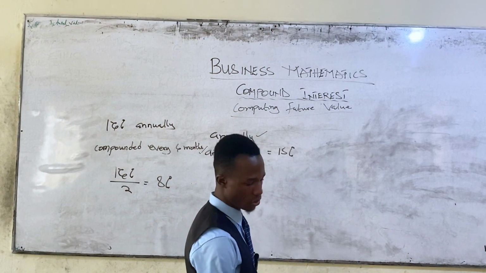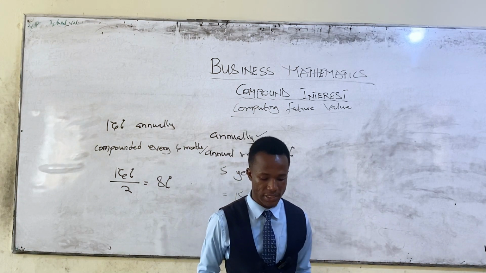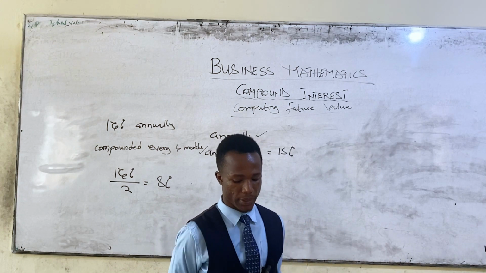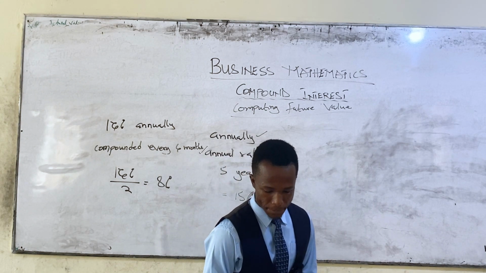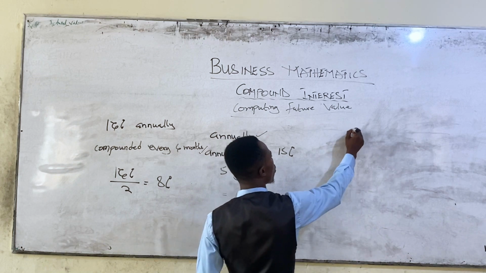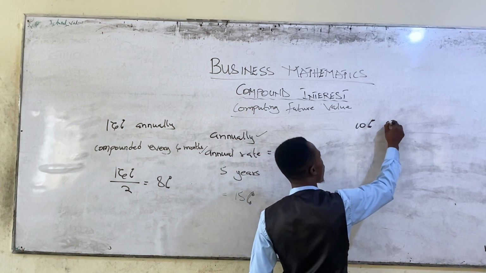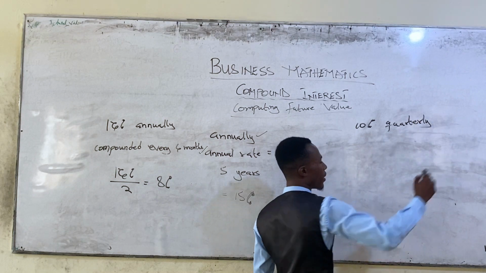Then let's look at this one. Calculate the periodic rate of a loan that earns an interest rate of 10% quarterly, compounded every 3 months. So the interest rate is what? 10%. The loan earns an interest rate of 10% quarterly. It means the rate has been given every 3 months.